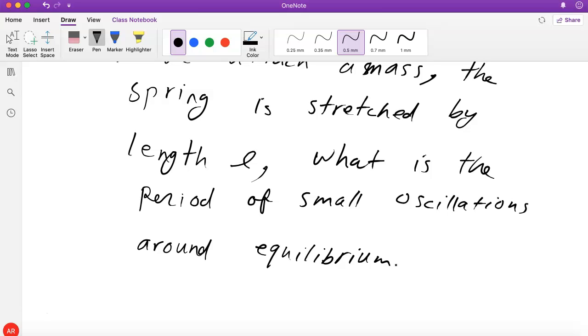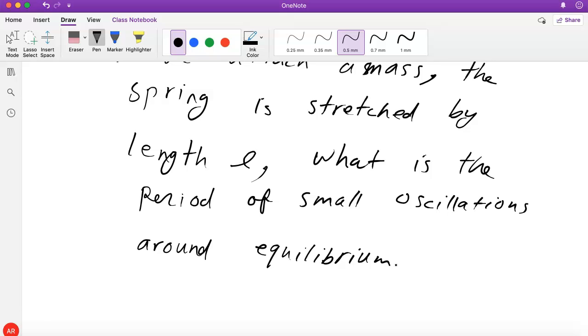So the information we're given is just how much the spring gets stretched at the equilibrium position. We're not given the mass, for example, or the spring constant, right? That's the only information we're given. And we're asked to determine the period of small oscillations.